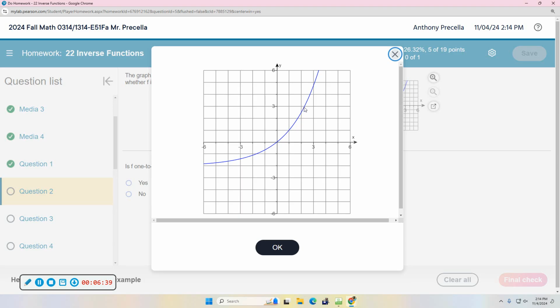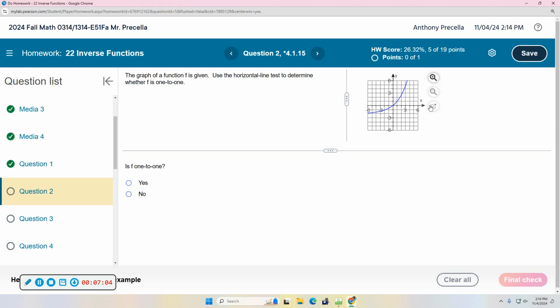As you move out here, it's falling from right to left, and it just continues to go down more and more. Can you draw a horizontal line so that it hits it twice? What do you think? I'm going to draw this picture. I think we need to look at it. Hold on. Let's see. This is number 2.